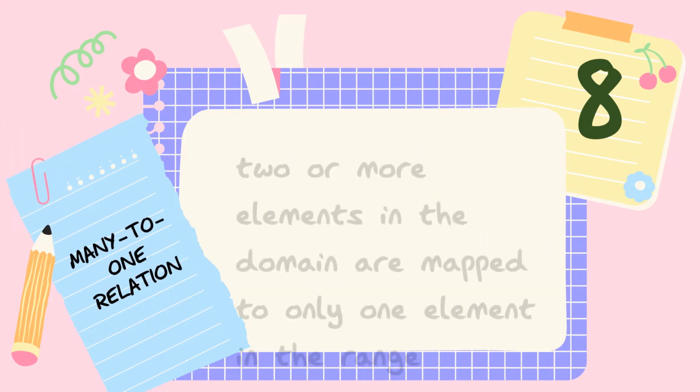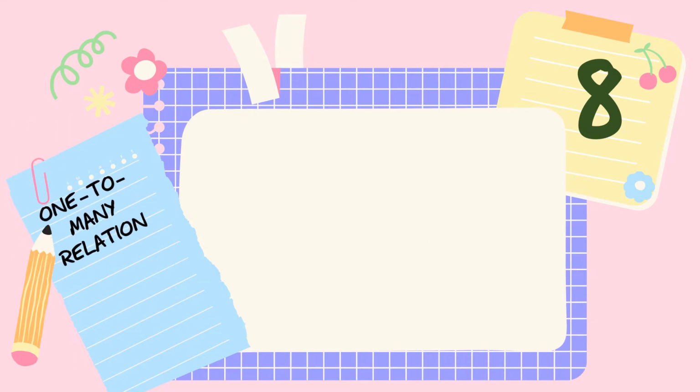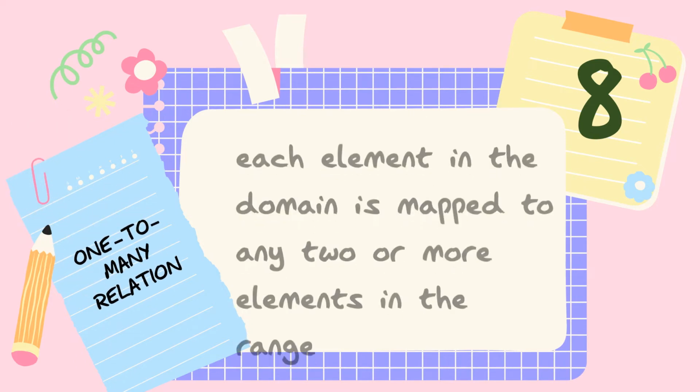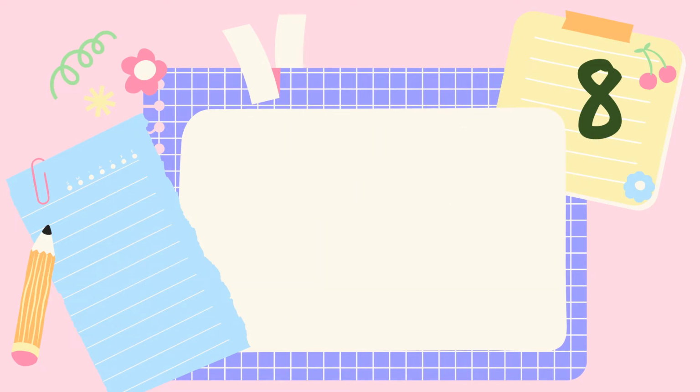While in many-to-one relation, two or more elements in the domain are mapped to only one element in the range. And lastly, one-to-many relation: each element in the domain is mapped to any two or more elements in the range.